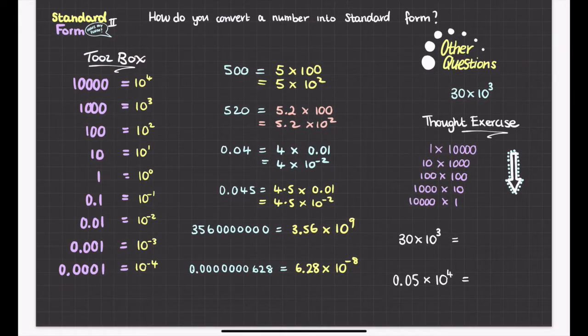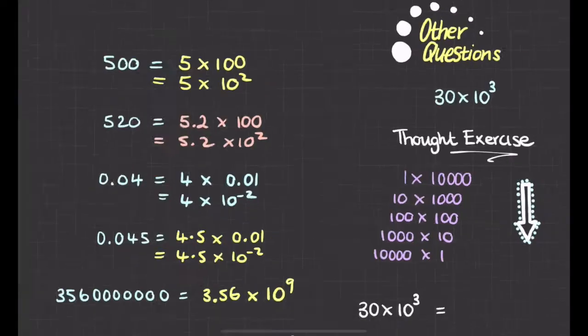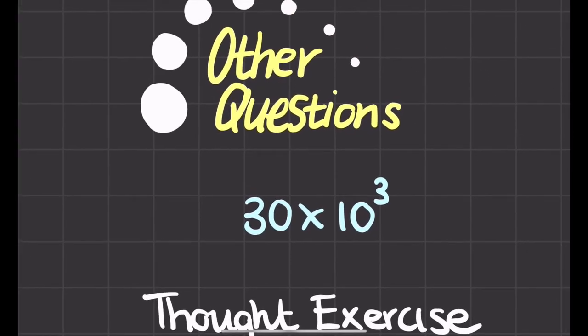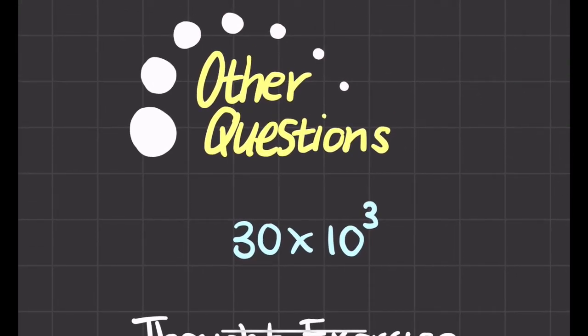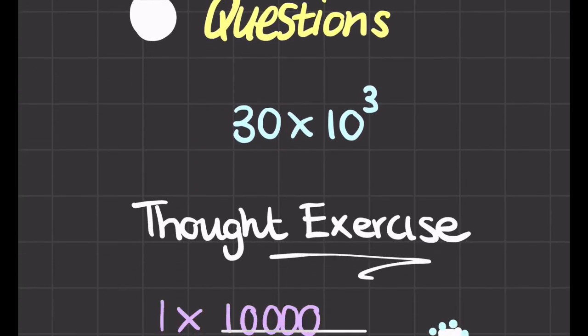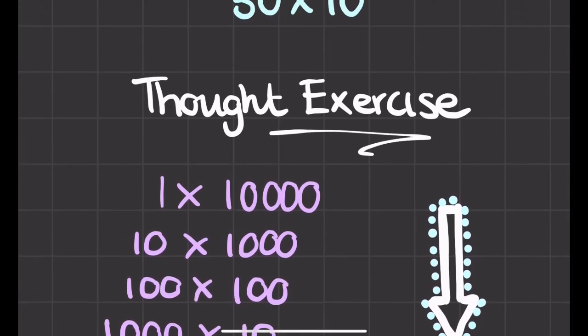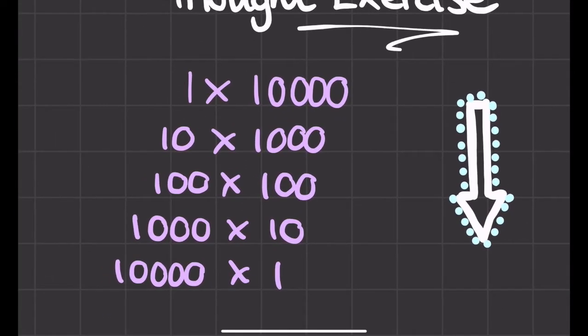You might be asked other questions like this. You might say, that number there, it's not in standard form, is it? Because that number should be between 1 and 10. But we can manipulate this so it is. Let's have a quick look at this thought exercise. If I've got 1 times 10,000, the answer is 10,000, isn't it?